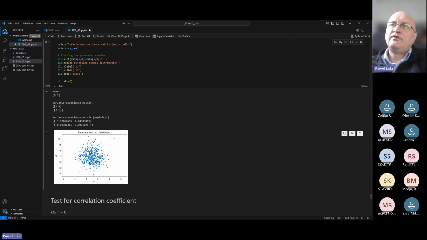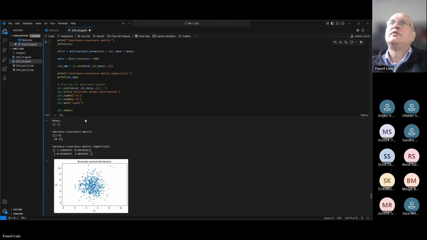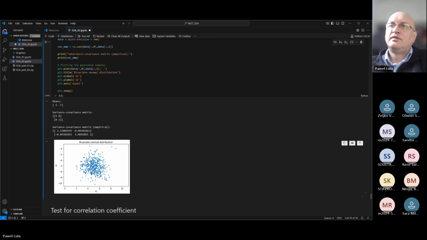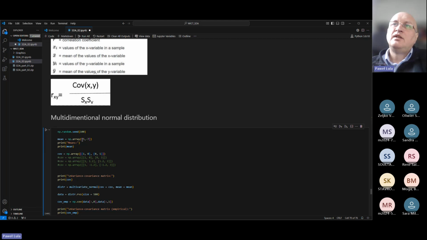The mean value represents a point which is in the center of our data set. 5, 7 is here. 5 and -7 is here. The way of understanding the mean parameter, I think, is obvious. I will change it back to 0, 0.